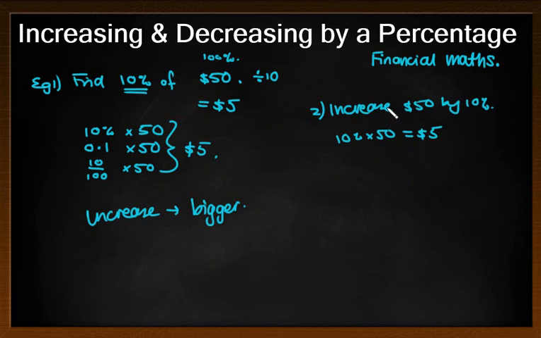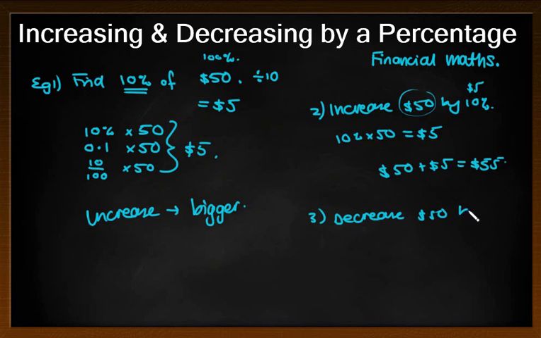Therefore, if I'm increasing $50 by $5, we are making it bigger. We are adding it on to get $55. What would happen if I said to decrease $50 by 10%? Well, hopefully you know that decrease means to get smaller, which means instead of plussing it on to the $50, we would subtract it from the $50 to make it $45.